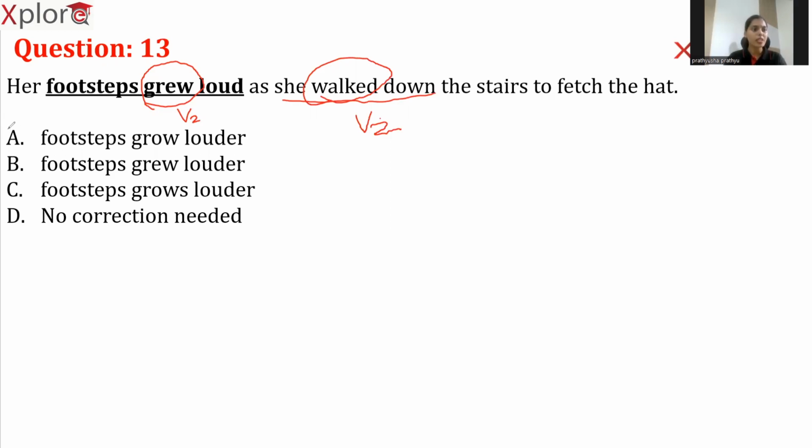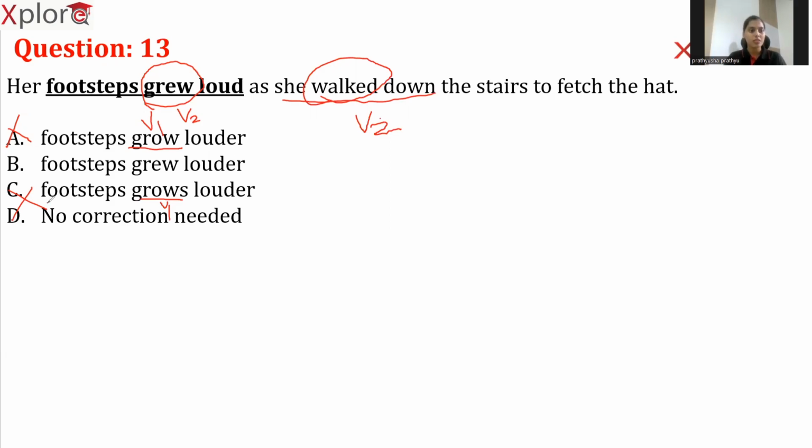So based on that, you can directly eliminate option A and option C because our sentence is in past tense. However, the term "grow" is in V1 form, which refers to the present tense. And "grows" is also in V1 form, and again it refers to the present tense. So eliminate A and C.